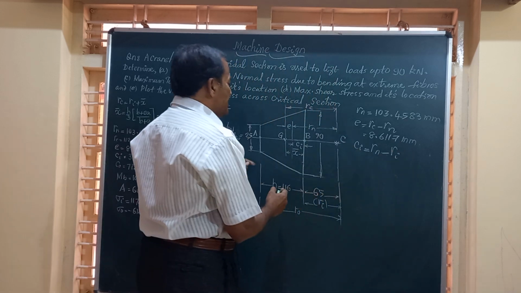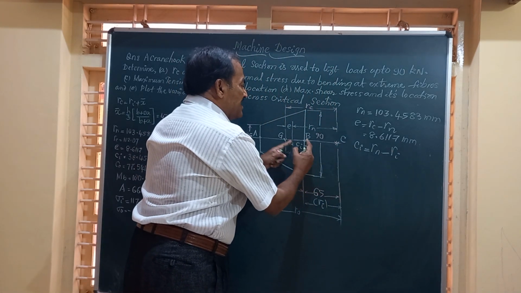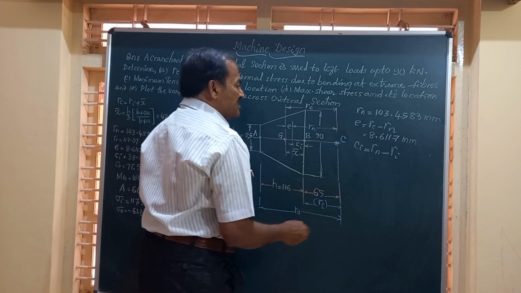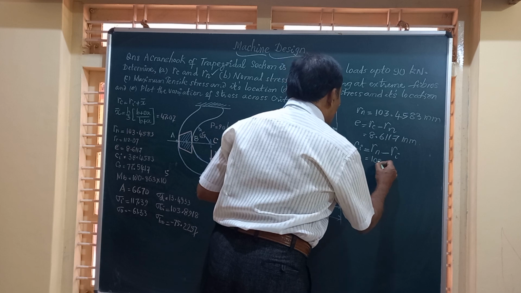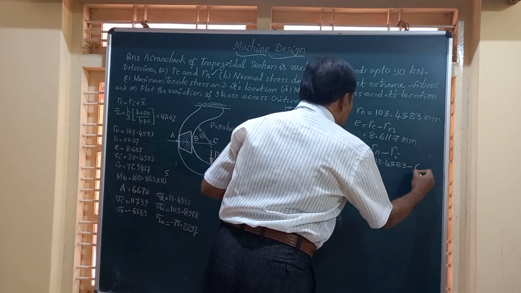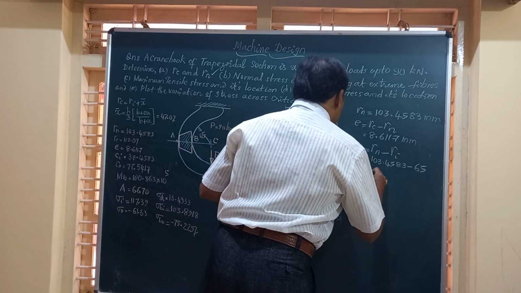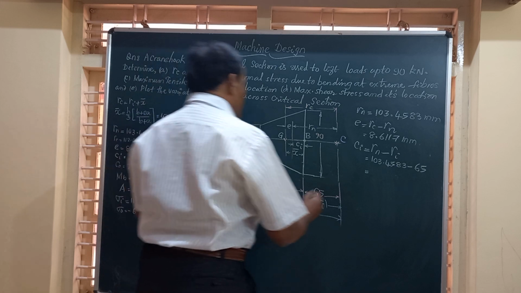This is Rn, this is Ri. The difference between those two is Ci. So friends, this is 103.4583 minus 65, which is Ri. That Ci works out to 38.4583.